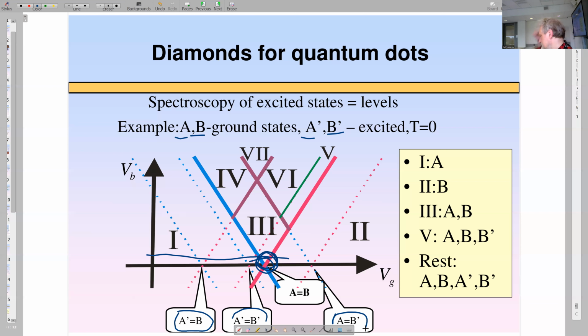If I apply sufficiently big voltage, I would tunnel between these states. So I have a series of different regimes. How many do I have? Looks like five, if I exclude trivial regimes of Coulomb blockade. So I have different transport regimes in all these regions.